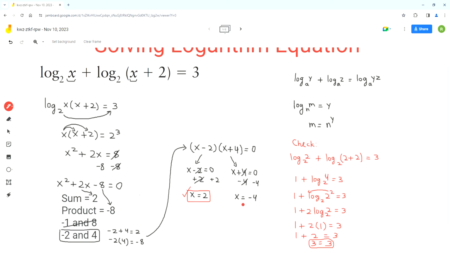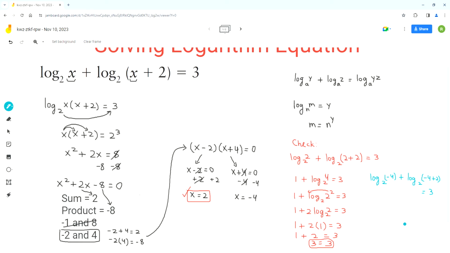And now we have to do the check for the second solution, x equals negative 4. So we'll sub in x as negative 4 in the given equation. So we get log of negative 4 to the base 2 plus log of negative 4 plus 2 to the base 2 equals 3.